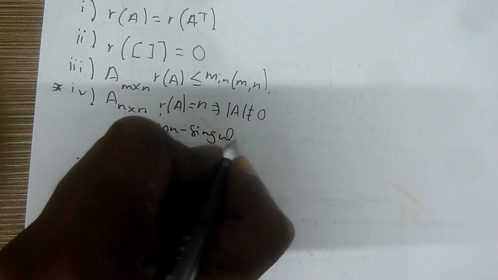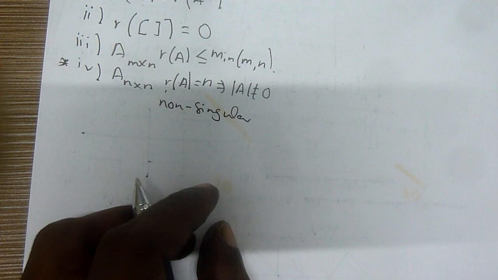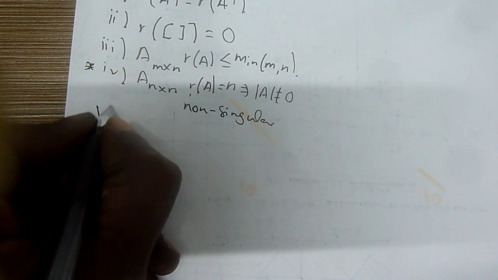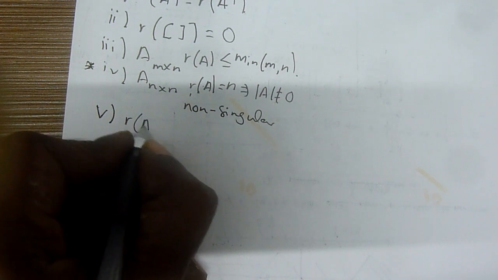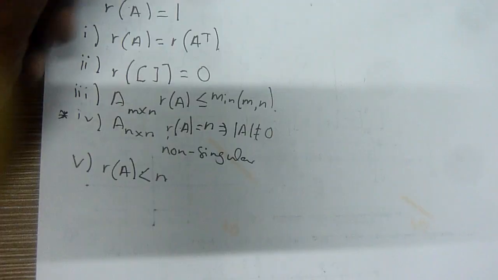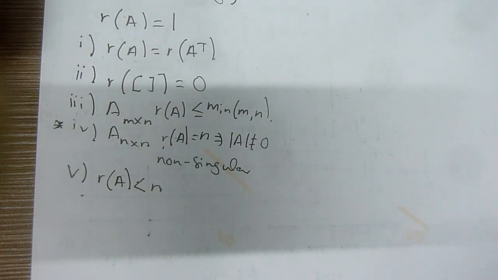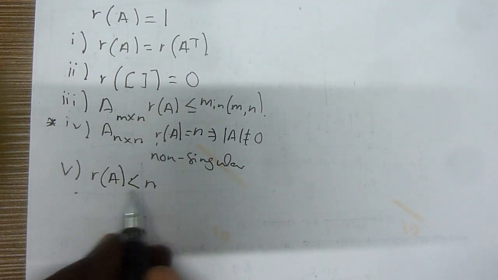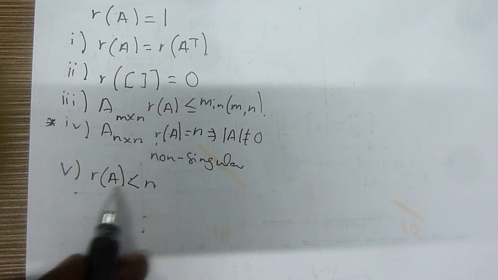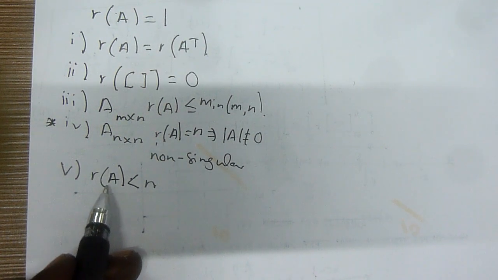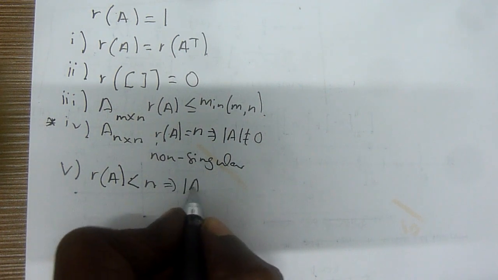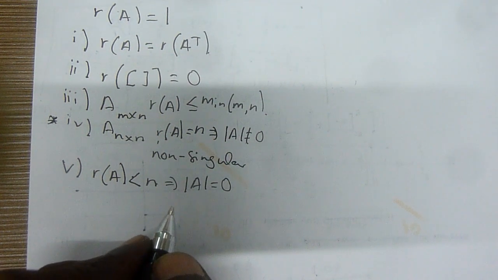Non-singular. I already explained to you what is singular and non-singular, right? But it depends how we interpret the rank of A if it is less than n. If you find out all 0, for example if 4 by 4, and there is a one rank less for the rank of A, then we can just conclude the determinant of A is 0. It's understood, right?